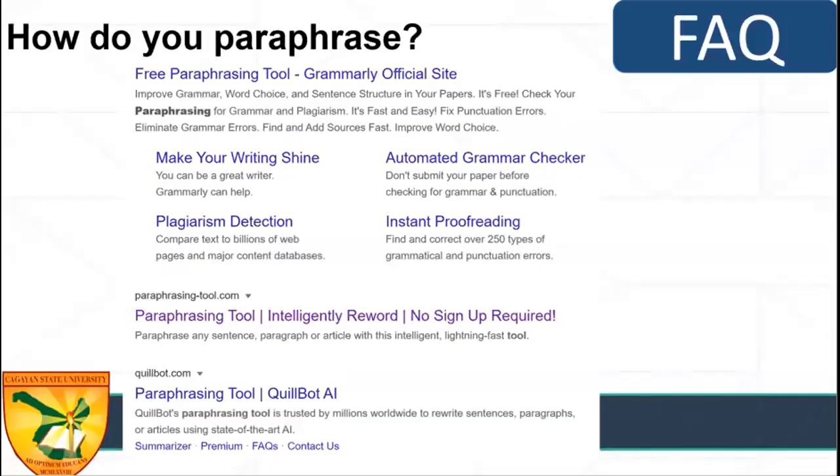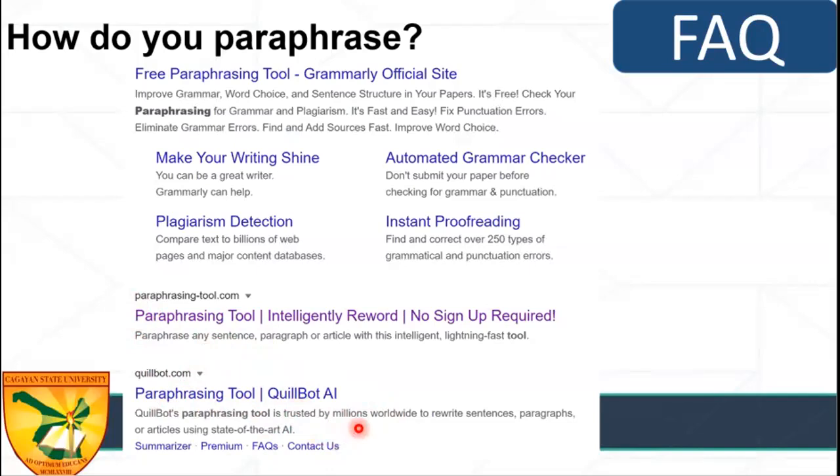So next is how do you paraphrase? So you have lots of tools that can help you. So you can use this paraphrasing tool and paraphrasing tool QuillBot AI. So this is a nice tool for paraphrasing.